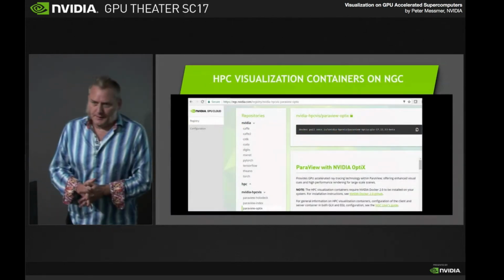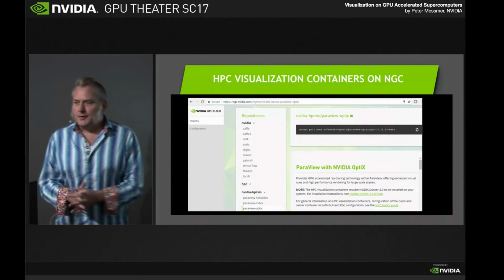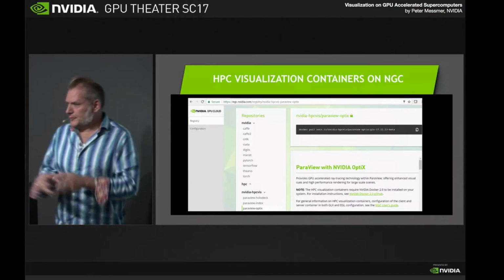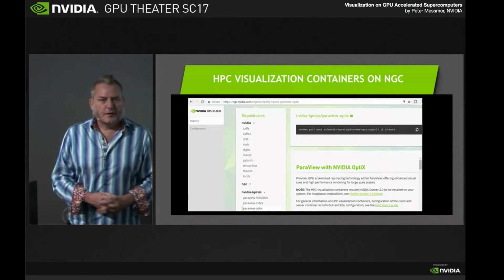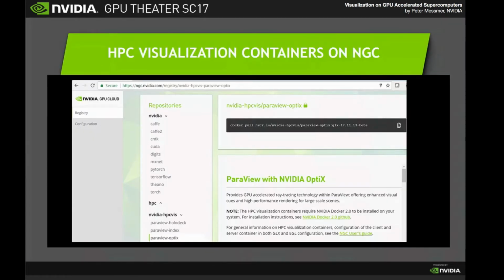So how does that look? After you created your NGC account, you end up in this dashboard, and you will see different repositories. On the left-hand side, you see the deep learning repositories. On top of it, we also have the HPC visualization repos.